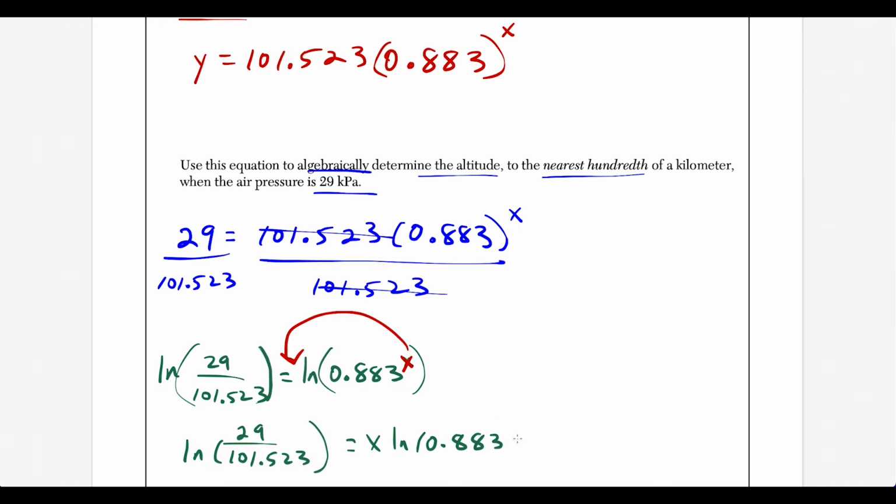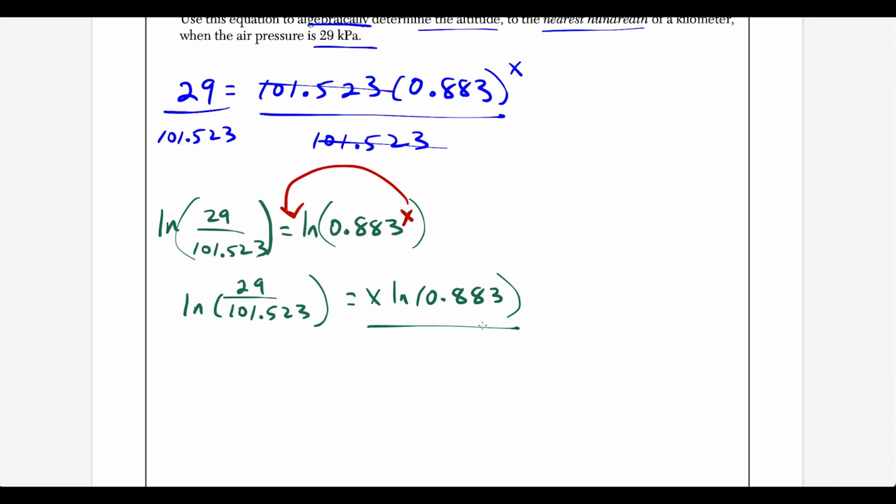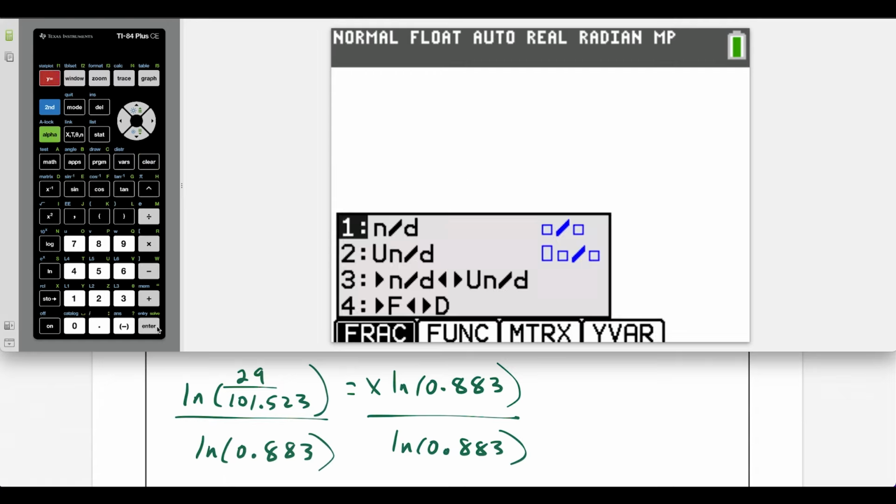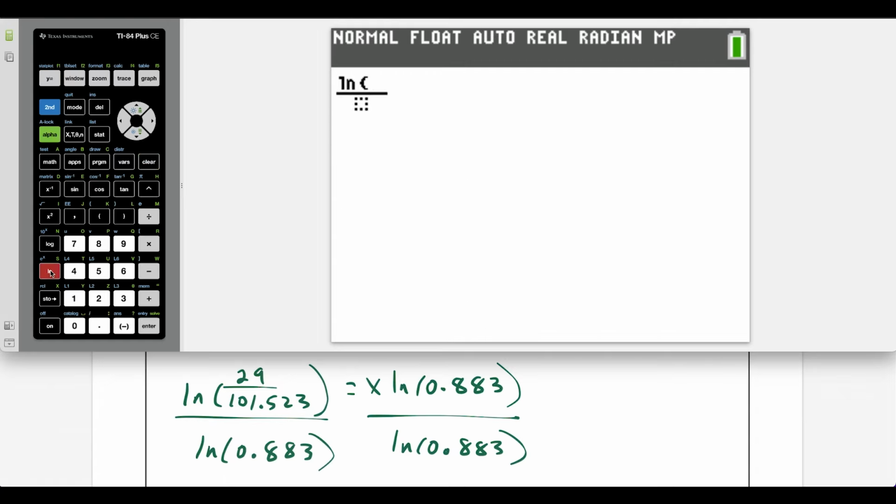So now the last bit of algebra to do is divide both sides by natural log of 0.883. So we're just going to divide here. We're dividing by natural log of 0.883, and we're going to do the same thing on this side. And now the rest is just calculator work. So we go back to the main screen here, and I'm going to press alpha y equals enter. And now we've got natural log of 29 divided by 101.523.